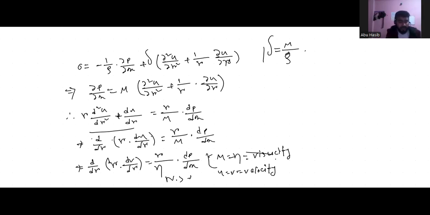Now we will solve the maximum radius part. So from the NS equations, we get d/dr of r dv/dr is equal to r by eta d/dx of p.